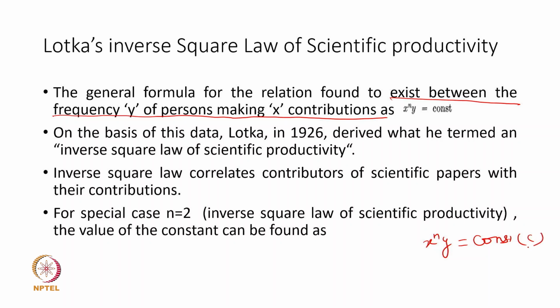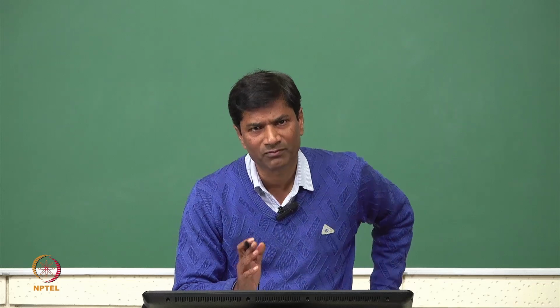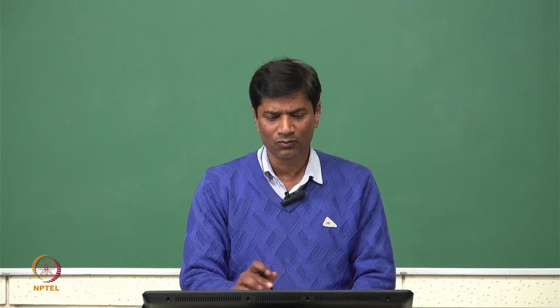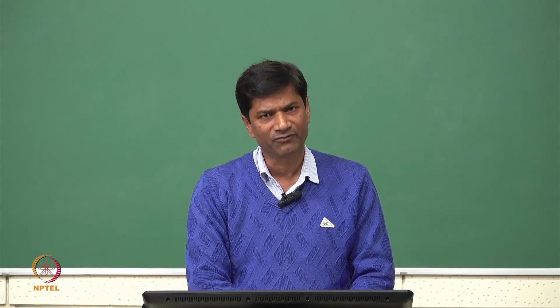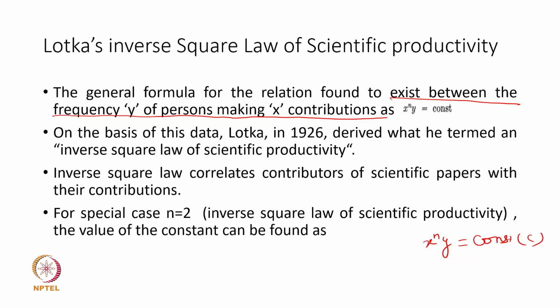Let us call this constant c. That means when Lotka analyzed the results from Chemical Abstracts and Auerbach's physics, he came to know that a relationship exists between the frequency y of persons making x contributions, and the formula for that relationship is x^n y = constant.